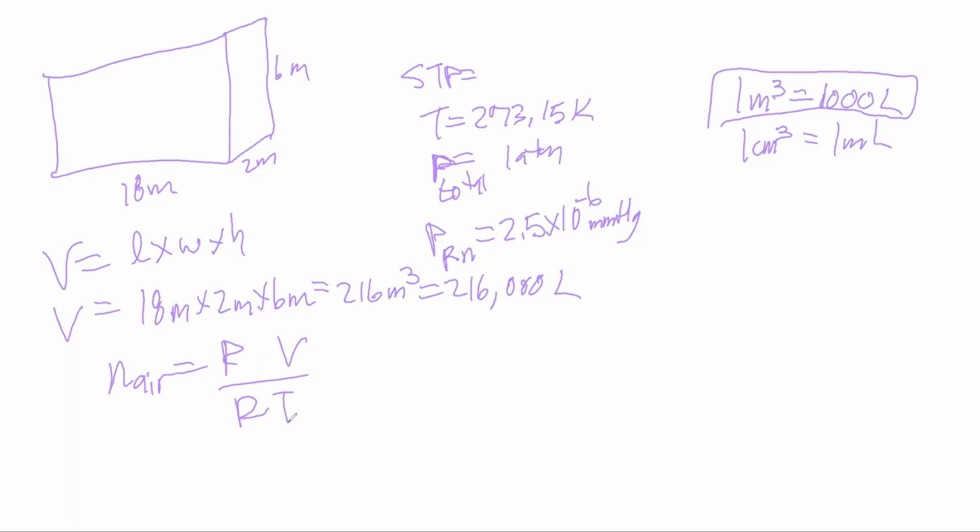Or since we're looking for our radon, we can look for the moles of radon. We can use our pressure, that 2.5 times 10 to the minus 6. We just need to change that into atmospheres.